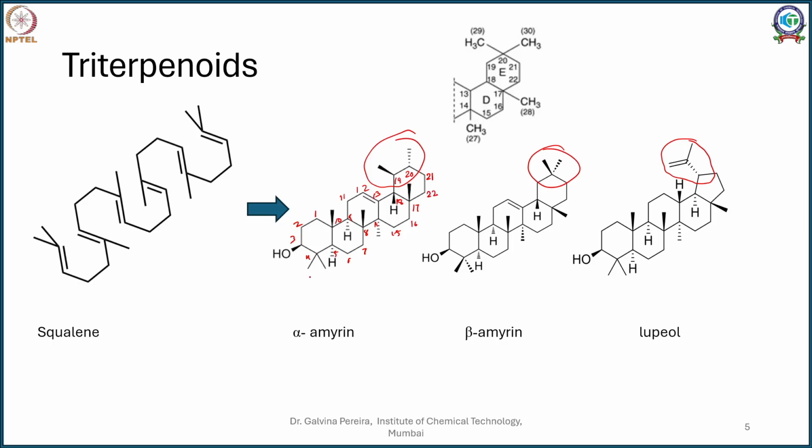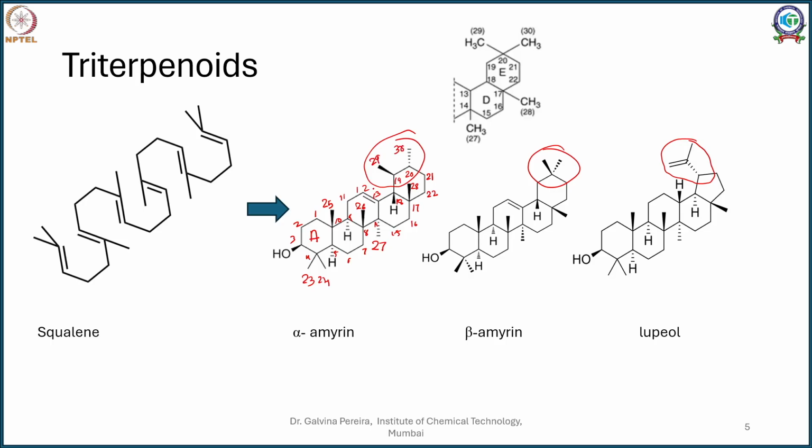Now the methyl substitutions, especially on the A ring, you will see 23, 24, then 25, 26, 27, 28 for this methyl, and the last two methyls of the E ring get the numbers 29 and 30. So all in all we have 30 carbons accounted for.